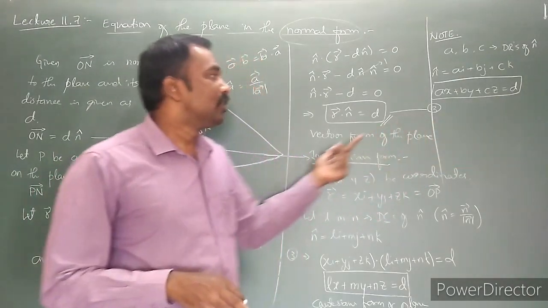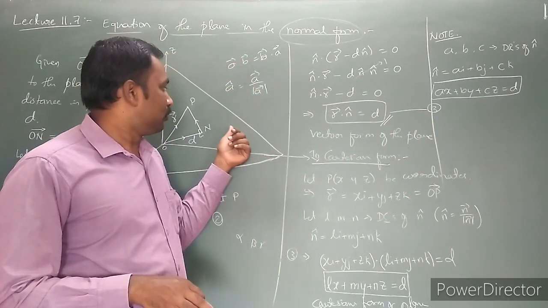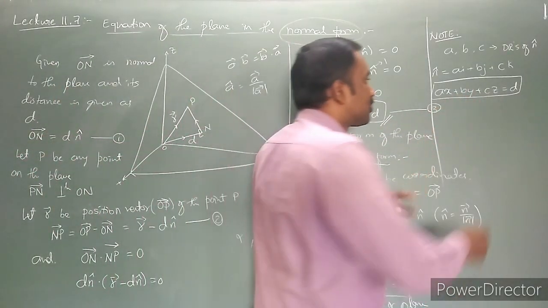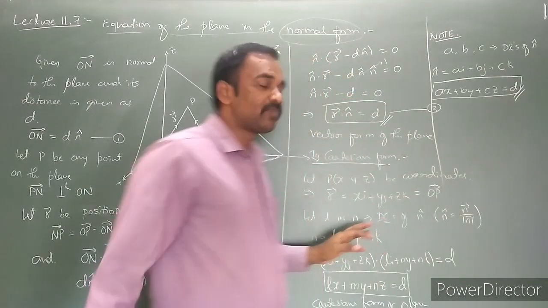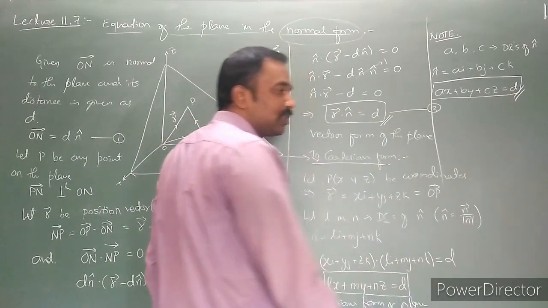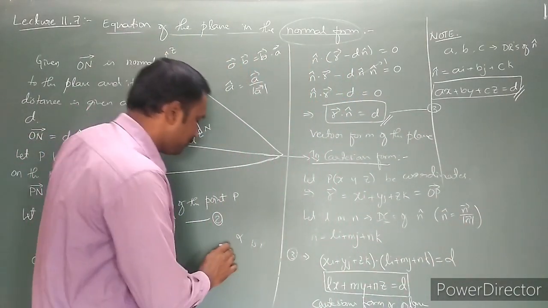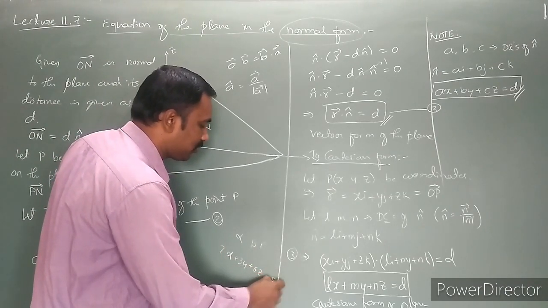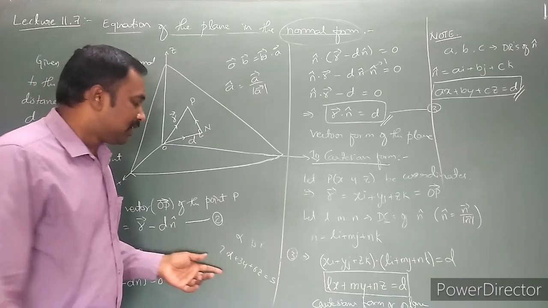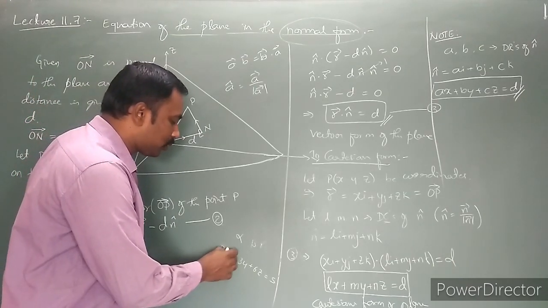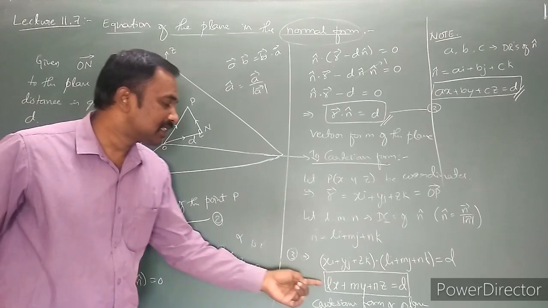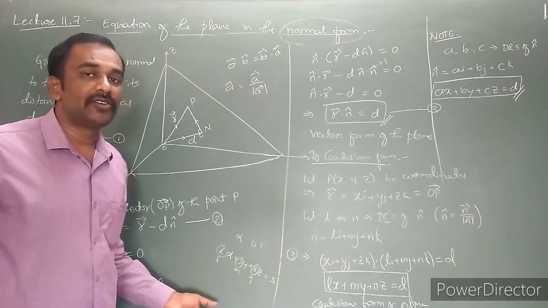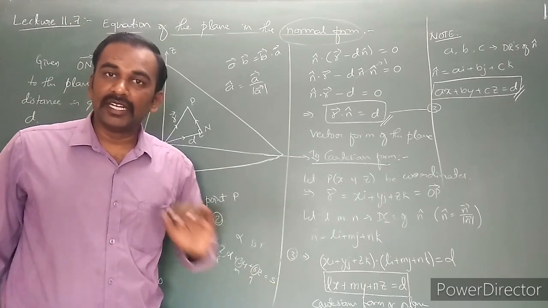If they give a general equation, for example 2x plus 3y plus 6z is equal to 5, obviously we consider 2, 3, 6 as the direction ratios of the normal.